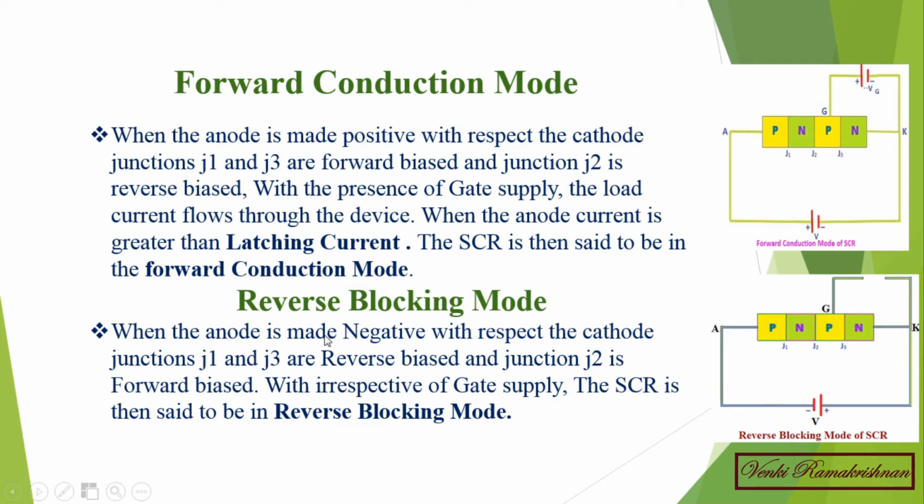Okay, next, reverse blocking. When anode is made negative with respect to cathode, as shown in the figure, then junctions J1 and J3 are reverse biased and junction J2 is forward biased.